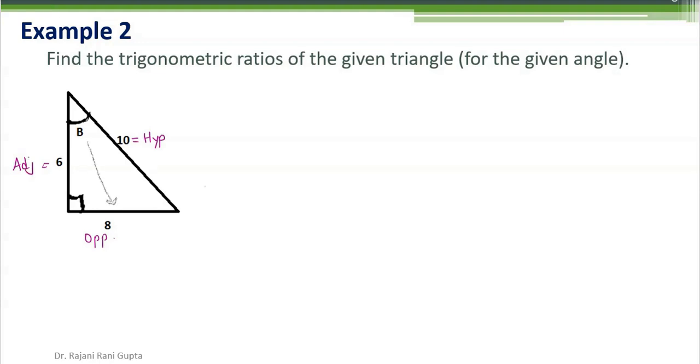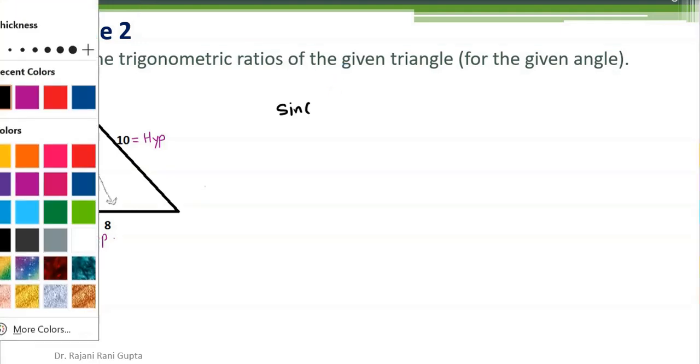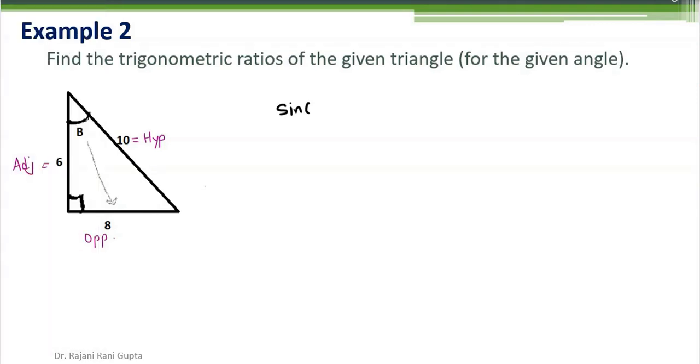So now let's write down the formula. Sine of angle B, as per the rule, is opposite side over hypotenuse. So the opposite side measurement is 8, the hypotenuse is 10.